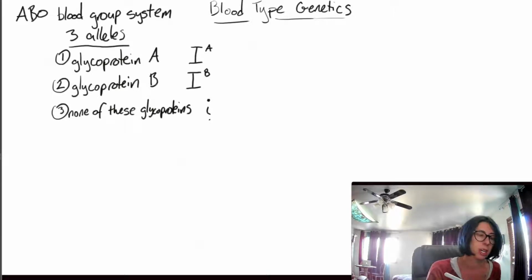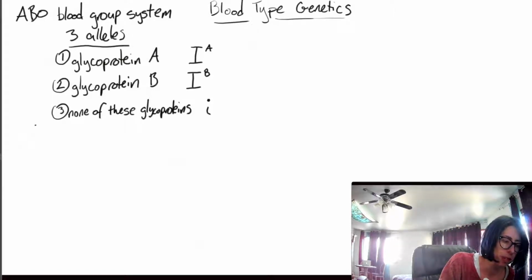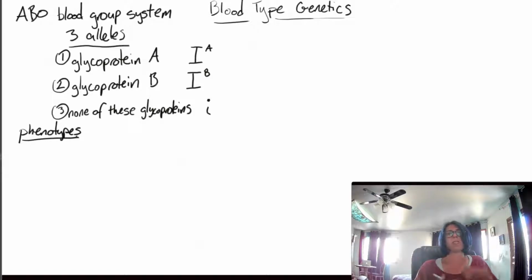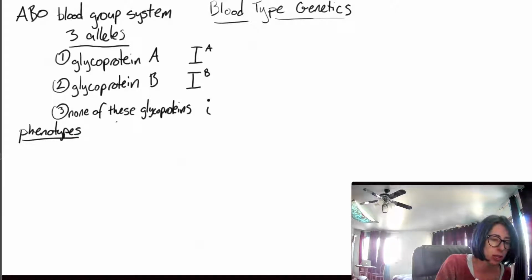Okay. So we know that there are 4 phenotypes out there for the ABO blood group system. So let's list these phenotypes. Phenotypes is, again, like what you look like, what your physical expression of your genetic code is. And then we'll look at the genotypes that produce these.